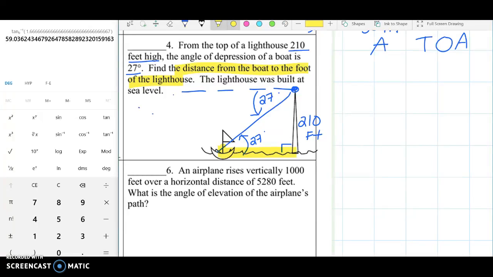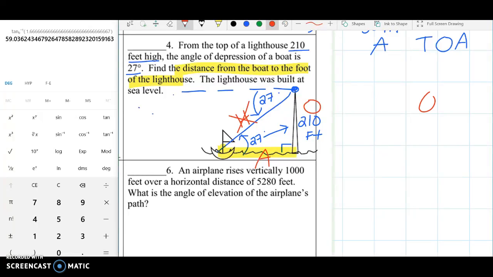Okay, great. Now, let's go ahead and take a look at our triangle. So what do we have? We have an angle, we have the side opposite from that angle, and we're looking for the adjacent side. We don't have information about the hypotenuse, and we're not asked to find it, so we're not going to use any trig ratio using that.